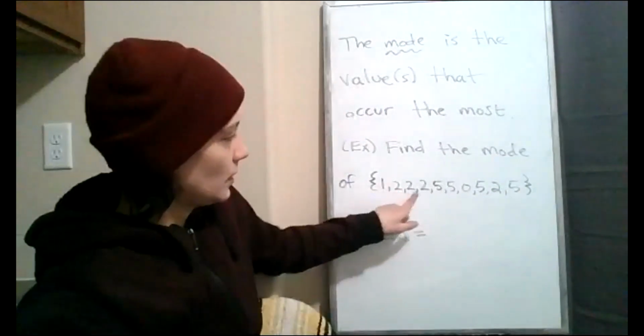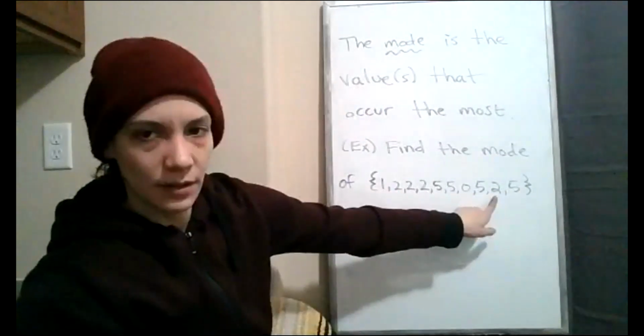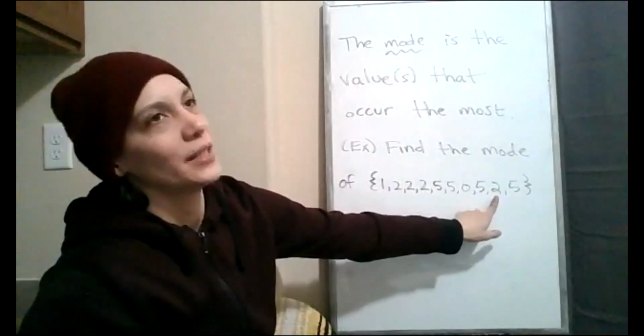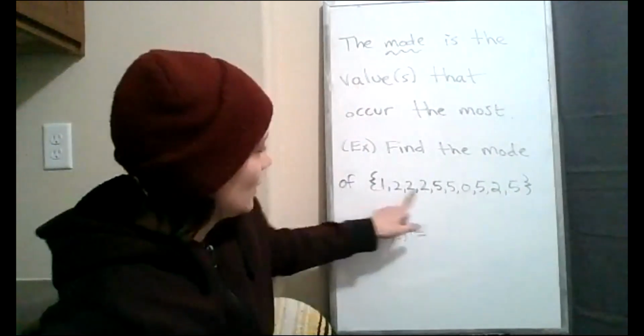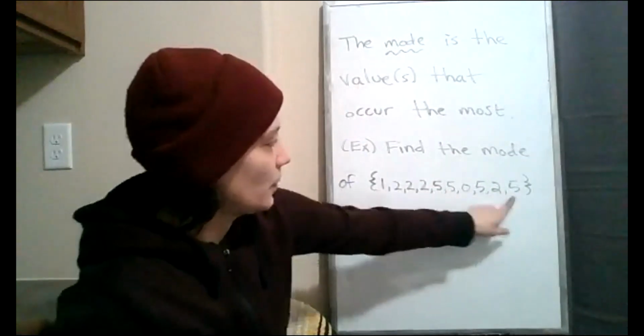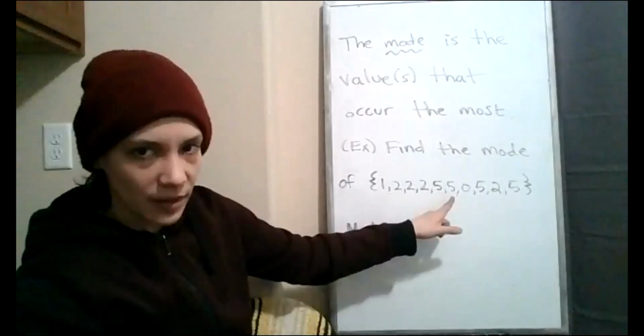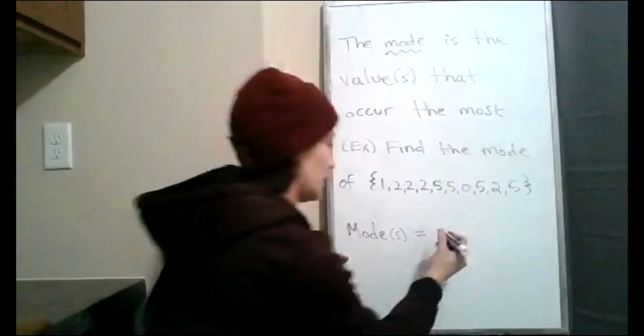Okay, there's 1, 2, 3, 4 occurrences of 2. 5 happens 1, 2, 3, 4 times. So 2 and 5 are the modes.